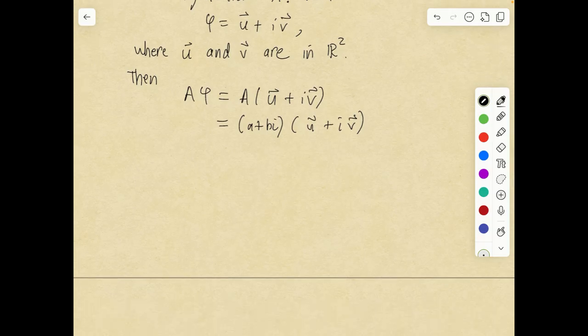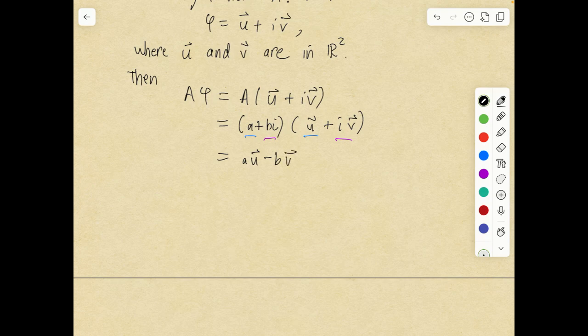But when you're multiplying a number by a vector, you just multiply each of the components by that number. So this is going to expand to a times u. Let's look at the real part. To find the real part, you take a times u, and then you have bi times iv, and i times i is minus 1. So you're going to get au minus bv.